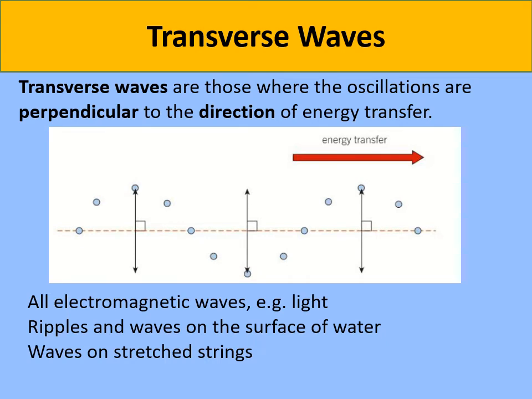Now, examples of transverse waves include electromagnetic waves. Electromagnetic waves will be looked at a little bit later in another unit. An example of an electromagnetic wave could be light. Other examples of transverse waves include ripples and waves on the surface of water, and also waves on stretched strings, such as guitar strings.